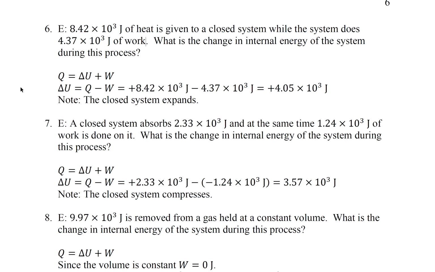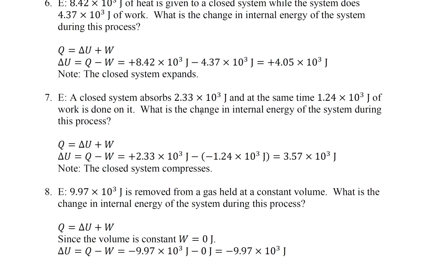Question 7. A closed system absorbs 2.33 times 10 to the 3 joules, and at the same time 1.24 times 10 to the 3 joules of work is done on it. What is the change in internal energy of the system during this process?